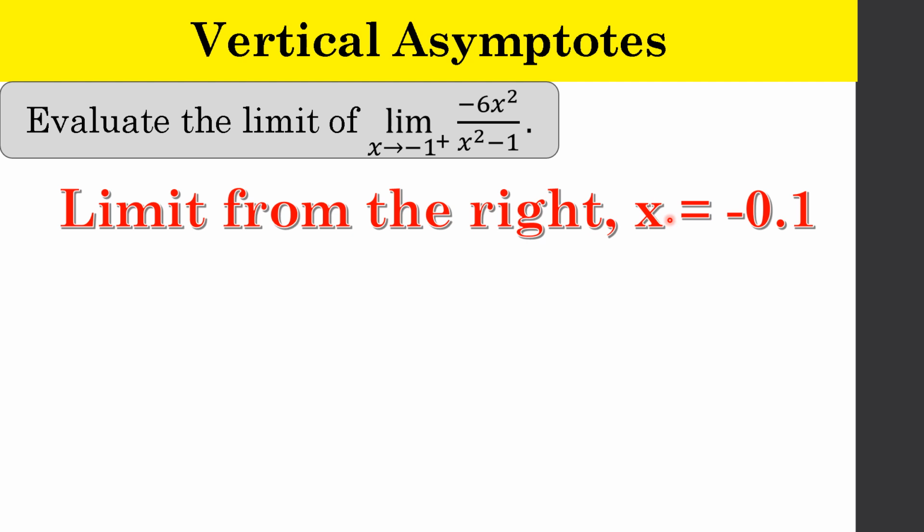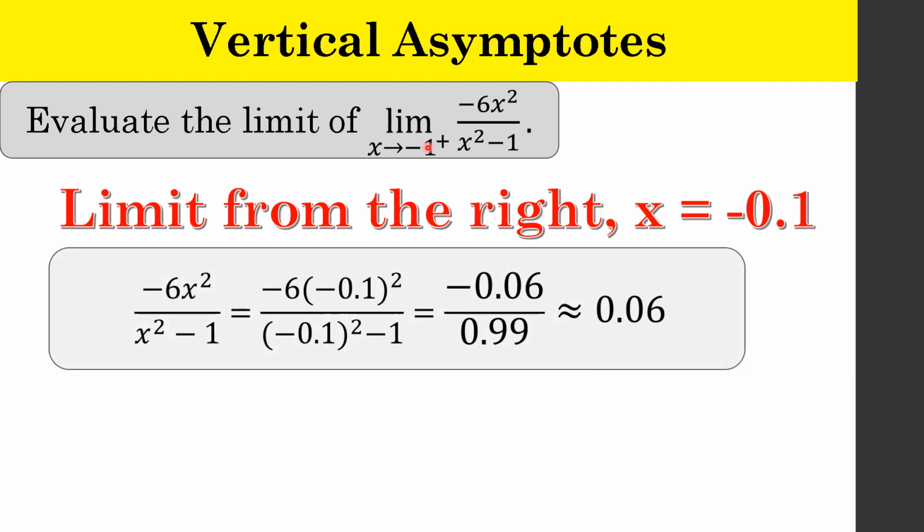So I let x is equal to negative 0.1, kasi sa tingin ko, ito yung value ng x which is to the right of your negative 1. So again, to get the specified limit, let x be sufficiently close to your c, which is negative 1 from the right, and then we will substitute it to the given function.